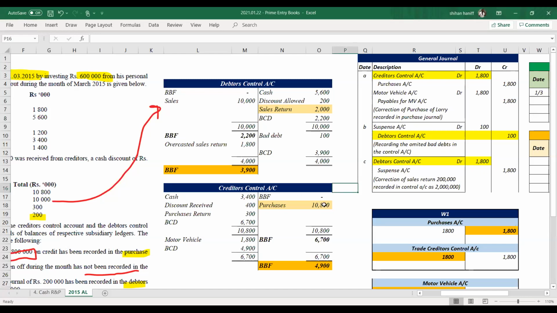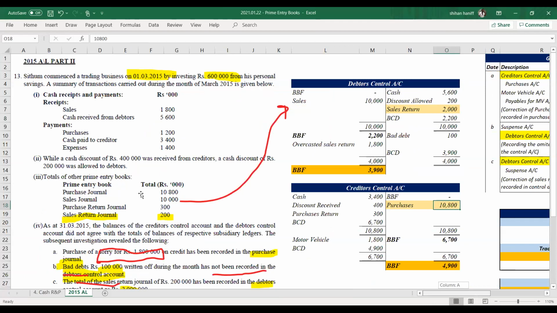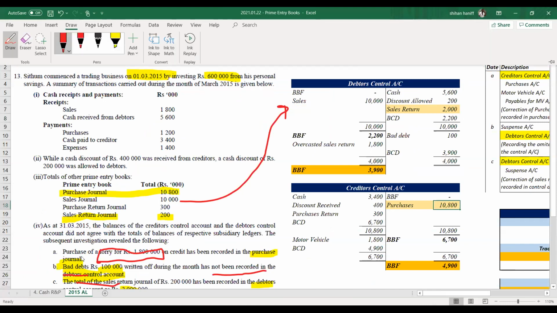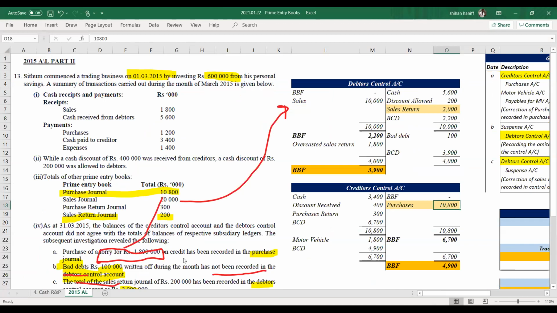Yes, now this purchases journal has 10,800, right? That includes the motor vehicle. Because they're saying the purchase of a lorry for 1.8 million on credit has been recorded in the purchases journal.